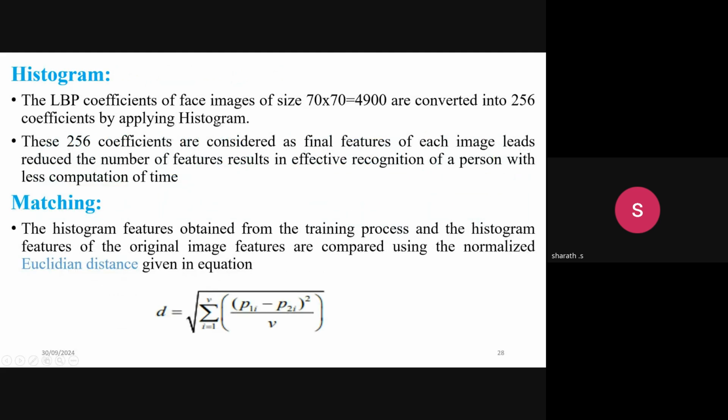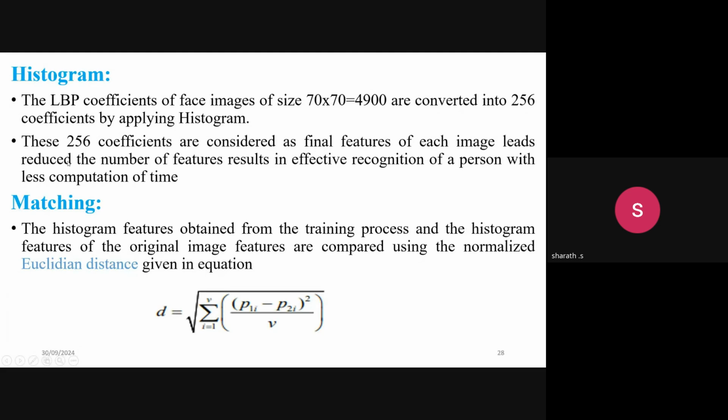Next is the histogram. The output of your LBP, the LBP coefficients of the image, that is 70 cross 70 or 4900, we are converting into 256 coefficients by applying histogram. The 256 coefficients are considered as the final features.